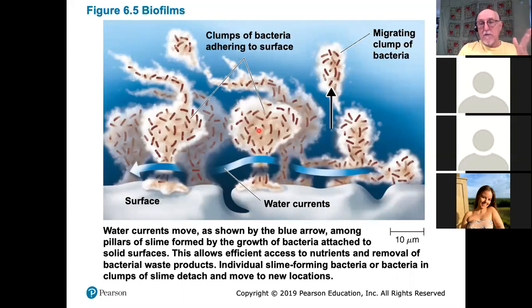And we won't discuss it in major detail, but just remember that these bacteria may be doing different things, and they may have different requirements. So, for example, the bacteria on the outside may be obligate aerobes. The bacteria further in may be facultative anaerobes. The ones right in the middle, right there in the center, may be obligate anaerobes.